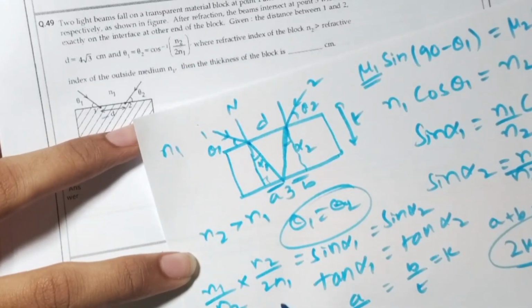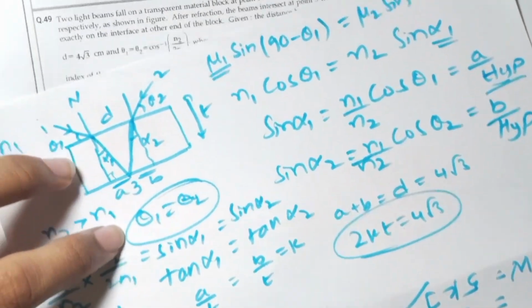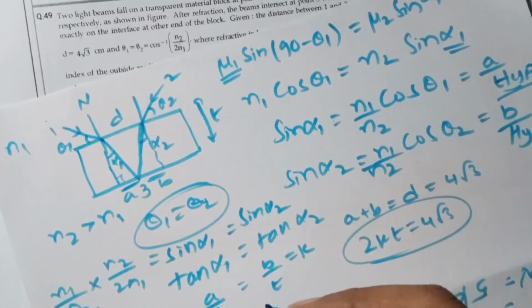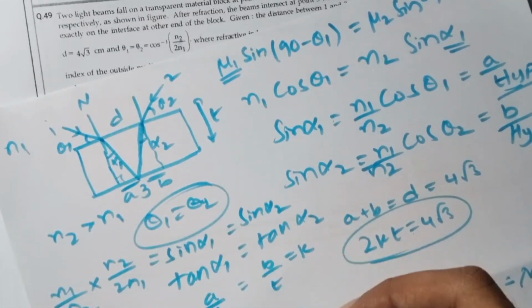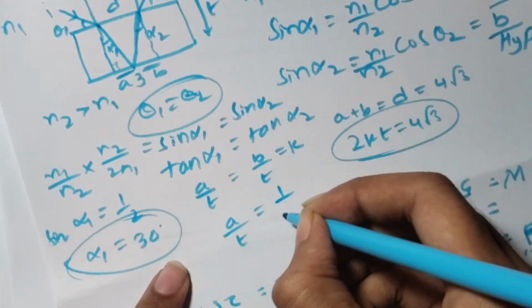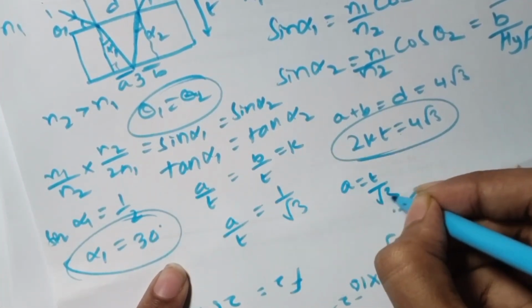So sine alpha 1 we are getting as 1 by 2. That means alpha 1 equals 30 degrees. So we will then simply get the relation A by T equal to tan alpha 1, which is tan 30 degrees, 1 by root 3. So A equals T by root 3.